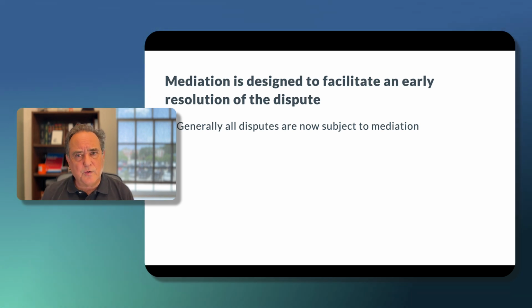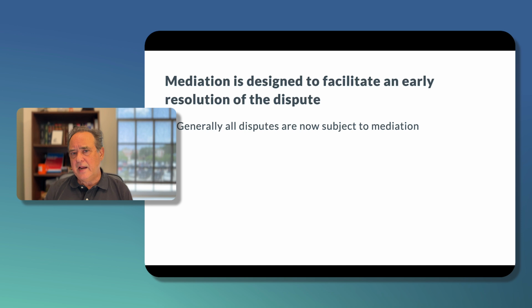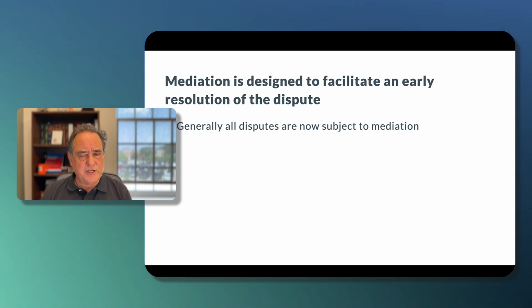If the parties don't agree to mediate voluntarily and they initiate litigation, it is often certain that a judge will require the parties to mediate the case before the judge will take it to trial. So I say that most legal disputes now are going to be mediated at least once.